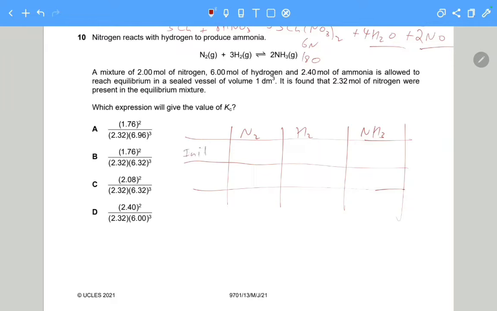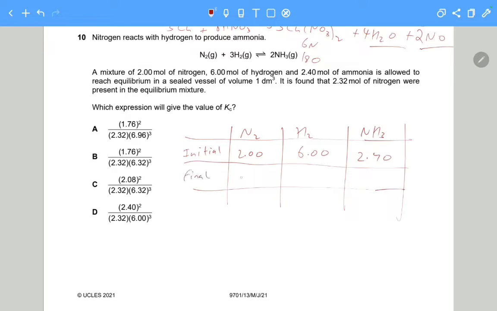Initially, we have a mixture of 2.00 moles of nitrogen, 6.00 mole of hydrogen, and 2.40 mole of ammonia. Then this reaction mixture is allowed to come to equilibrium in a sealed vessel, and it is found that 2.32 mole of nitrogen were present in the equilibrium mixture.